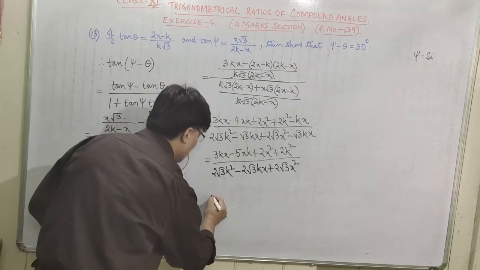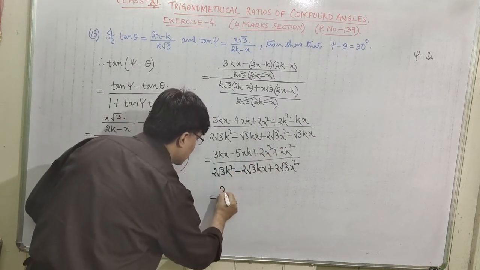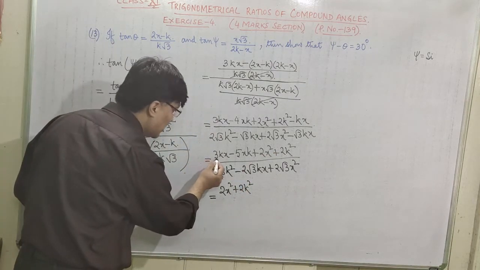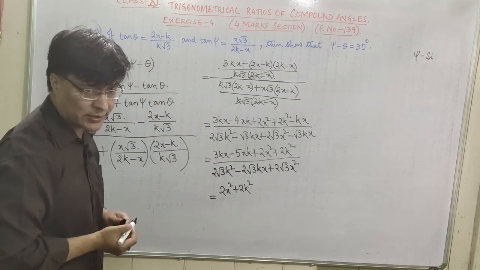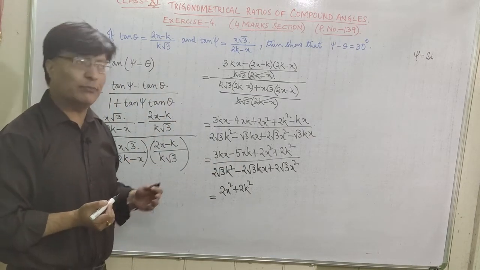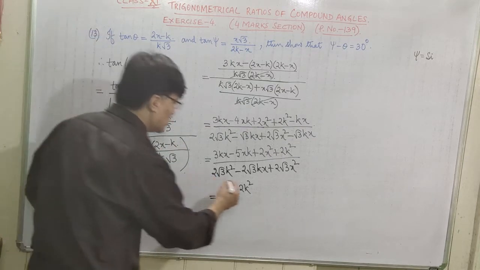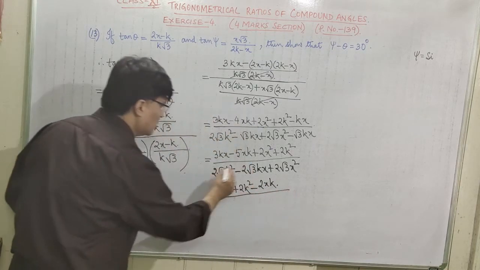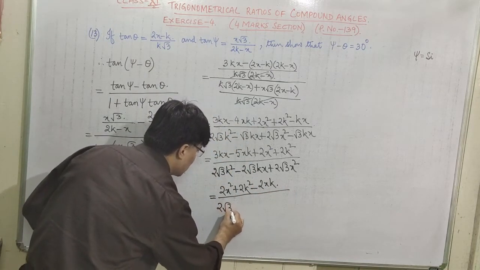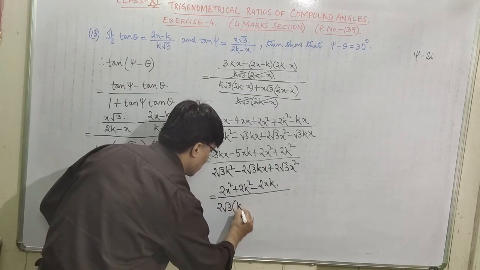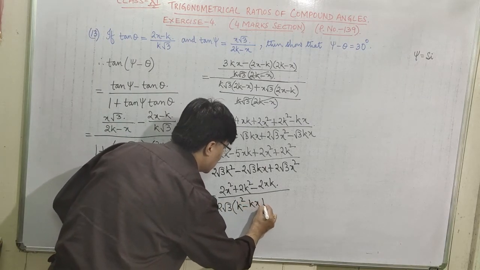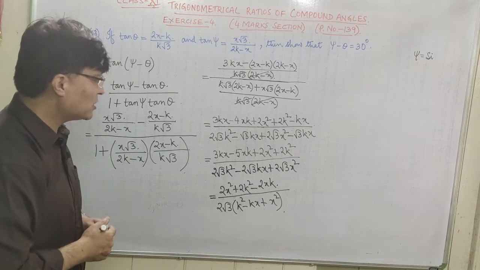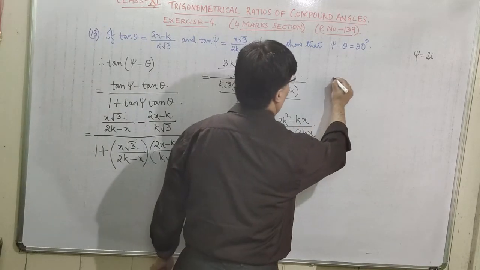Okay. So now, which is equal to, now let us write this 2x square plus 2k square, and this 3kx minus 5kx. These are similar terms, you can simplify it, but they are of opposite sign, you have to subtract it. So it is minus 2xk whole divided by, in the denominator, what's common here? What is common? 2 root 3. So within bracket we have k square minus kx plus x square. So now in the numerator also, what is common here? 2 is common, right?